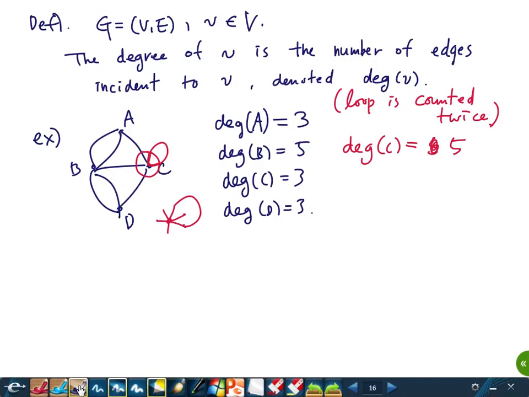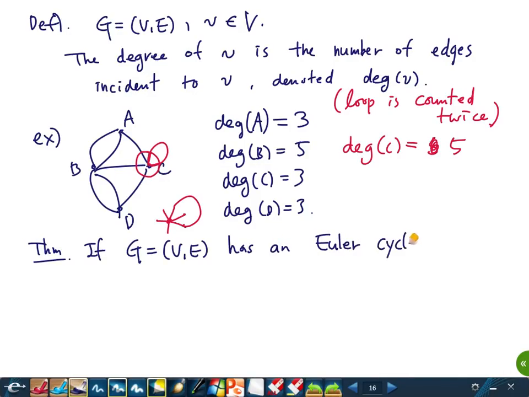Now, theorem. If G is a graph that has an Euler cycle, what can we say? Then we can immediately say that it is connected. Otherwise, how can you have a cycle that uses all the vertices?